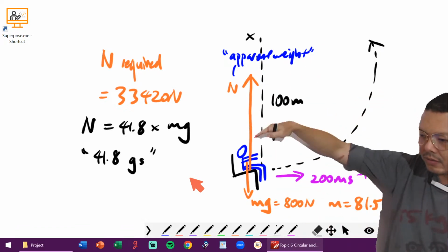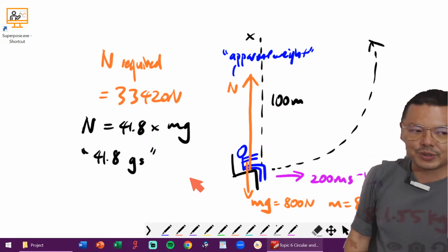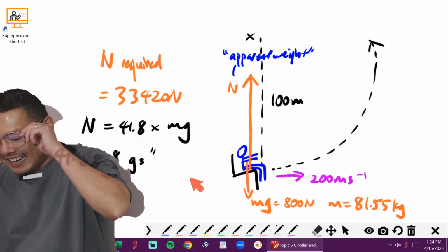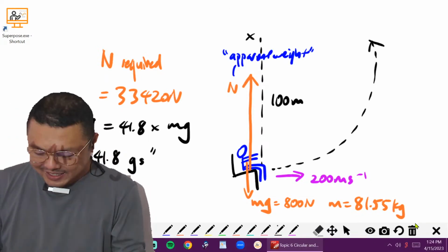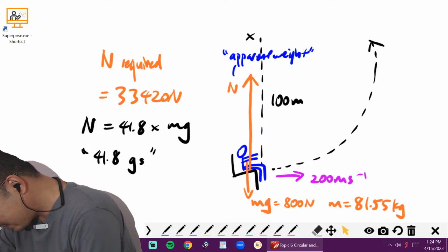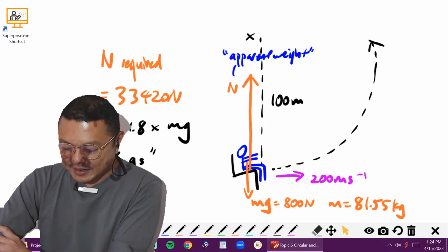So maybe this circle is too small. It's a very tight circle. So yeah, this guy's gonna die. All right, there you go. So this will be for another scenario for circular motion, vertical circle. Not realistic, but there you go.